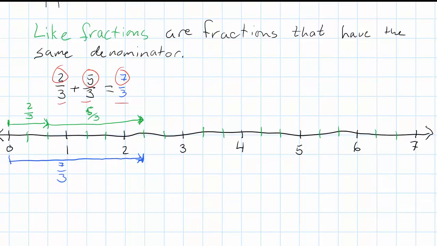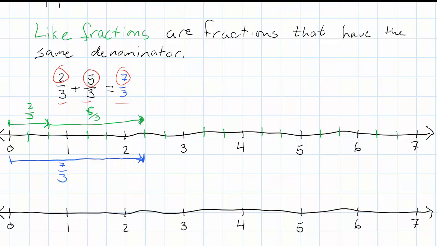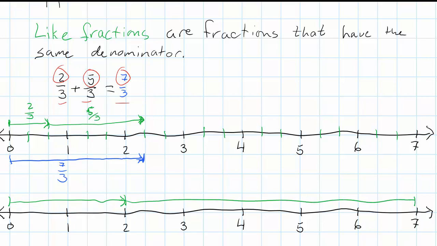Let's look at another number line for a second. On this number line, I'm going to draw out 2 plus 5 equals 7.